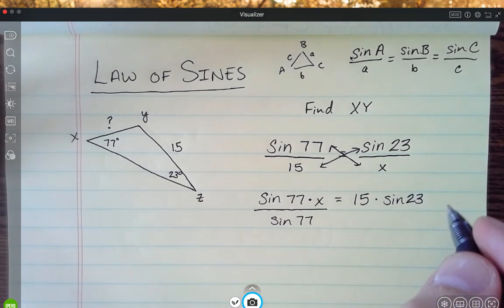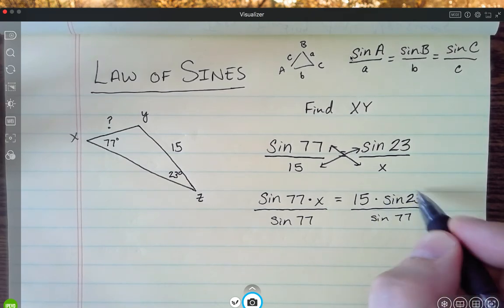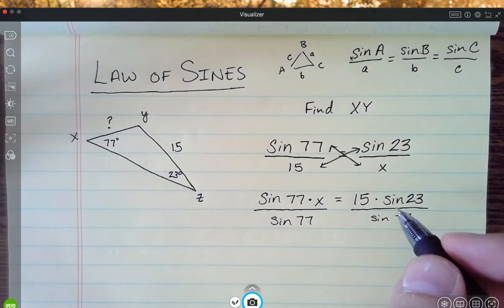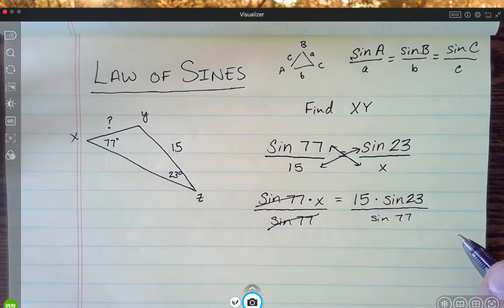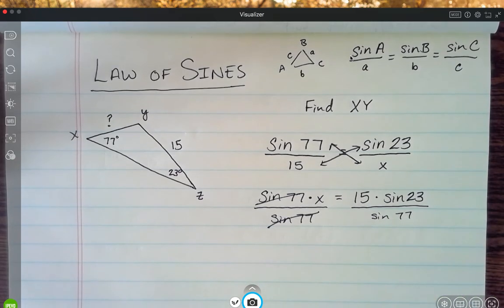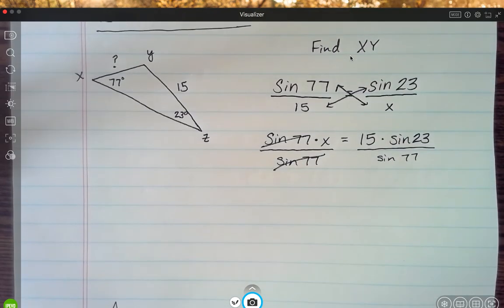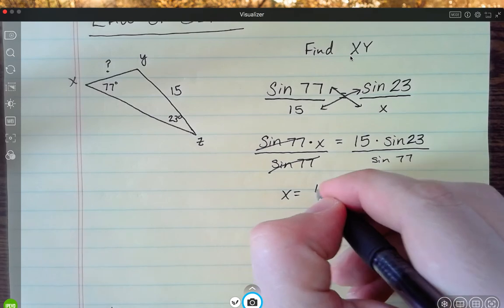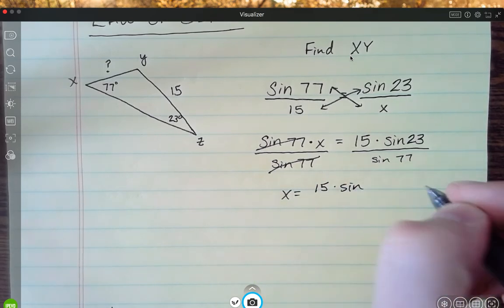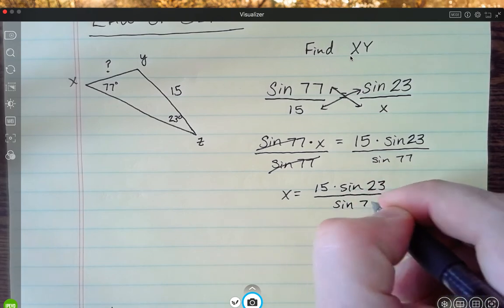Remember that the sine of a number is really just a decimal value. So these two are really just numbers. I'm just not going to put them into decimal form. It would get ugly. So those cancel out, and I end up getting x is equal to 15 times the sine of 23 all over the sine of 77.